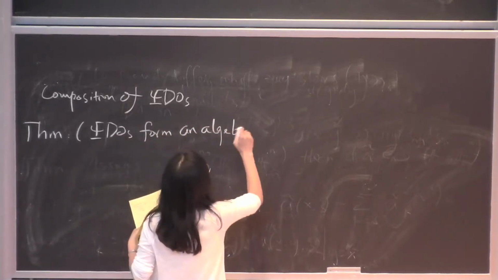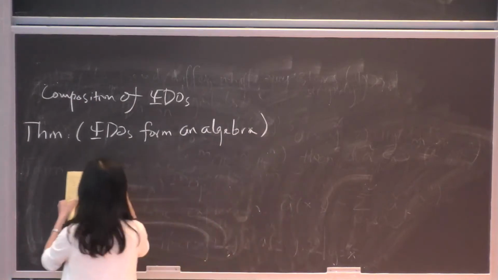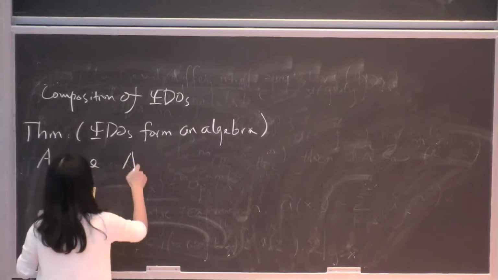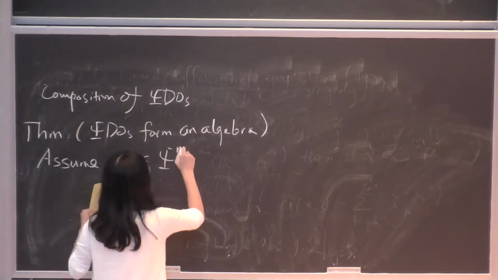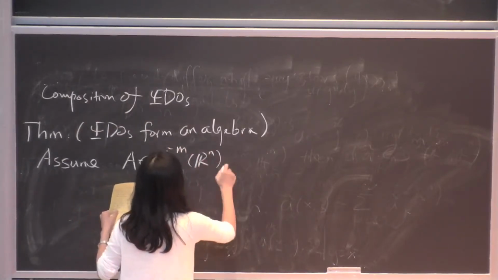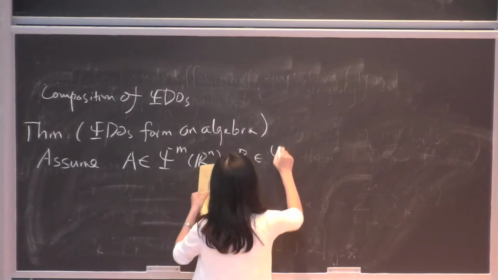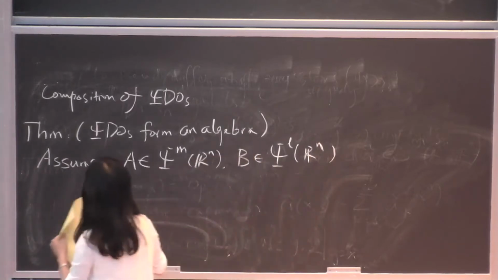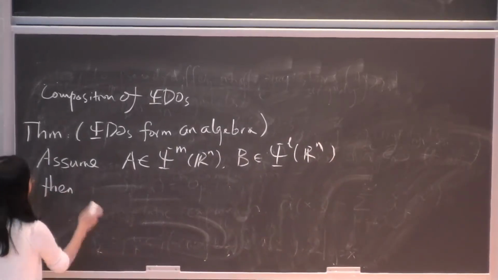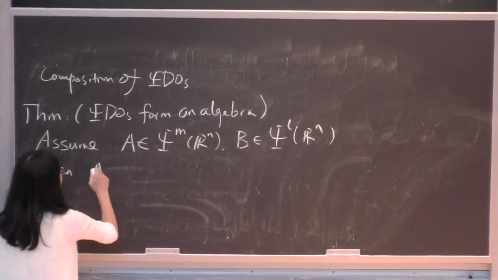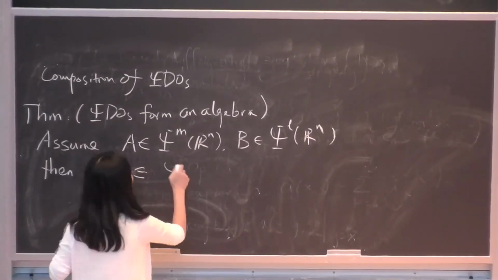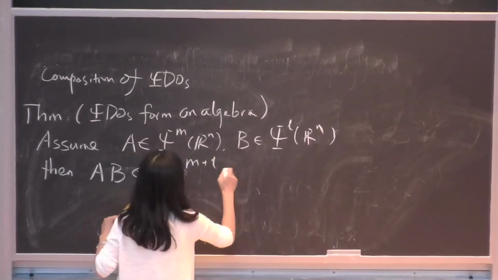What do I mean is the following: assume I have two PDOs. A is an mth order PDO, and B is an lth order PDO. Then I can compose them to get a different order PDO. A composed with B is going to be of order m plus l.